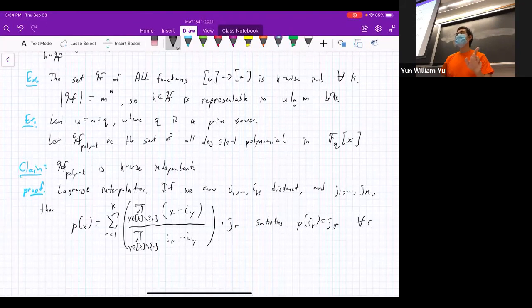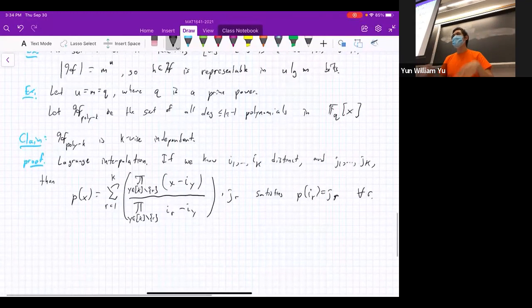Okay, good. Yeah, so this is the polynomial for which all these statements are true.